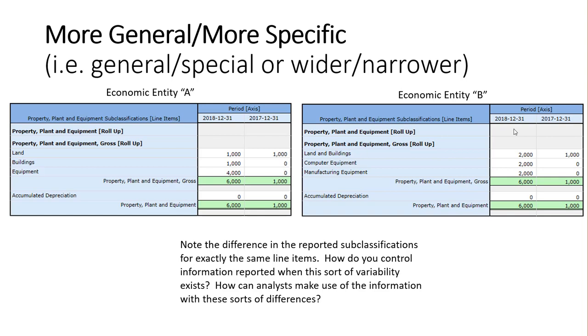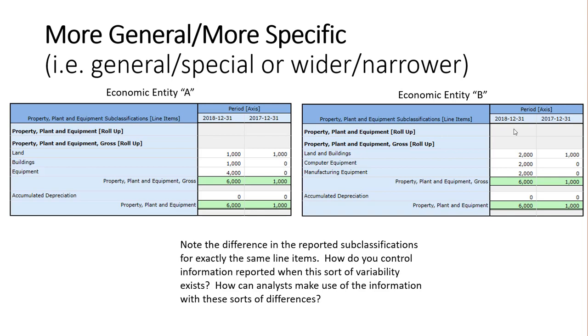I'm not sure if that's good enough, but in XBRL, the calculation relations, the summation item relations, kind of give you the information of a general-special relationship.